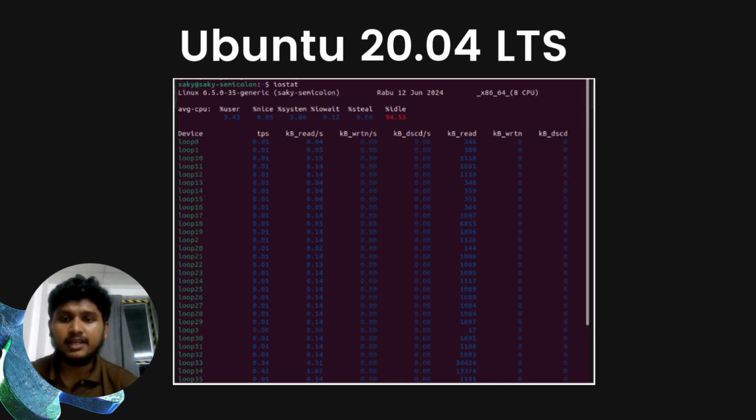And for the data transaction mode, as you can see here, for loop0, the transactions per second is 0.01. And for other transaction metrics, as you can see here, there are kilobytes read per second, kilobytes written per second, and so on.